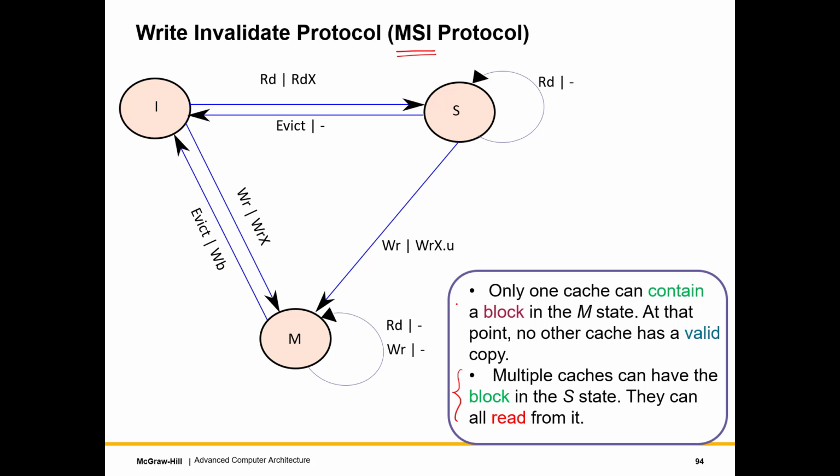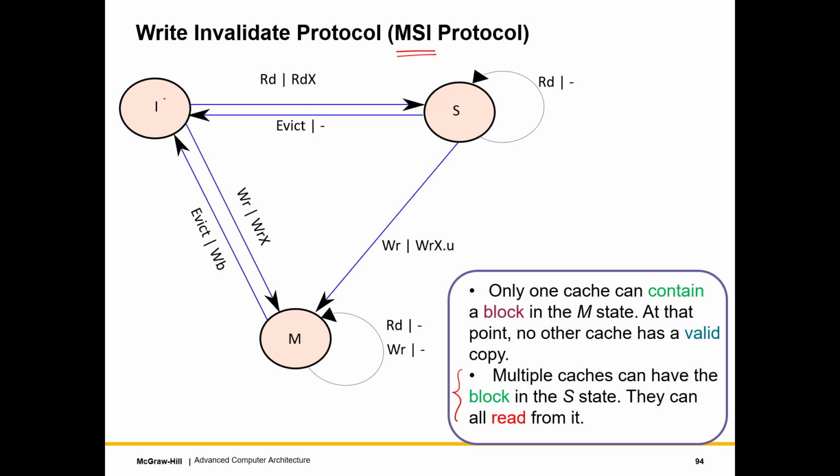So we have the single writer or multiple readers philosophy. As per this philosophy, we'll have a single cache which can write in the M state, or we will have multiple readers, in the sense of an exclusive or.